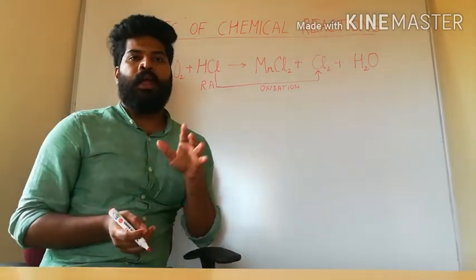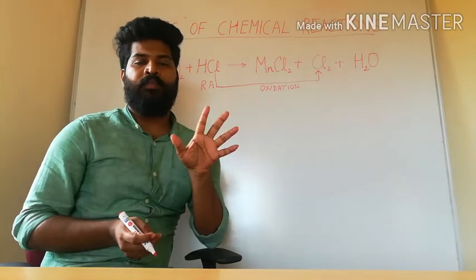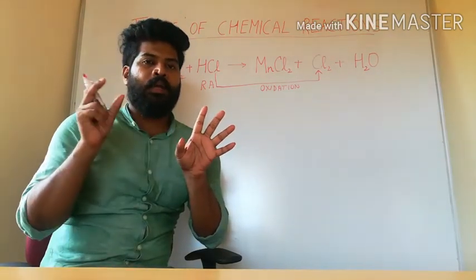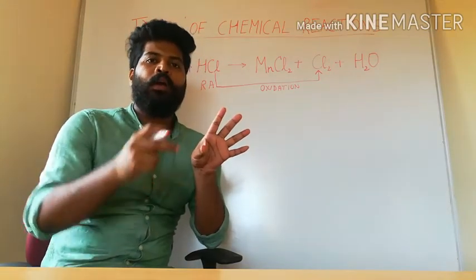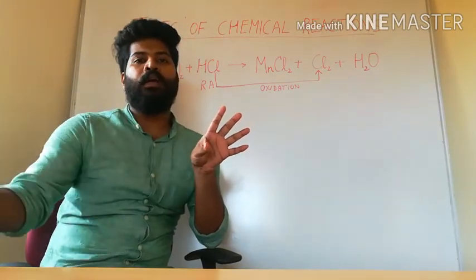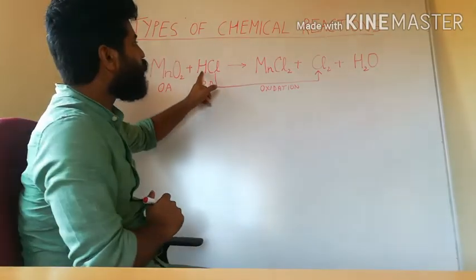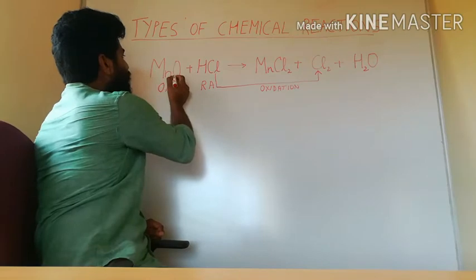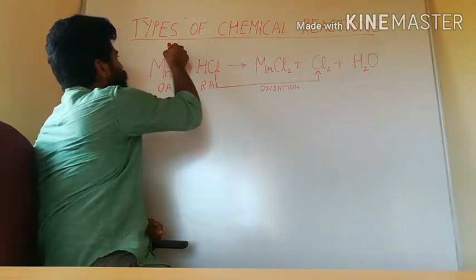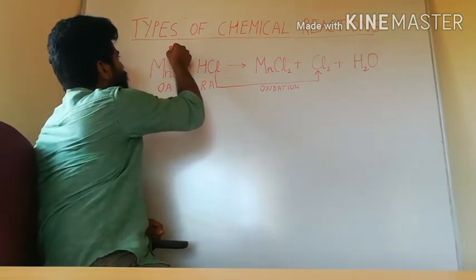Oxidation has two important definitions. One is it's a type of reaction where oxygen is added or hydrogen is removed. In this case, hydrogen is removed. Therefore, oxidation. And the oxidizing agent will undergo a reduction reaction.